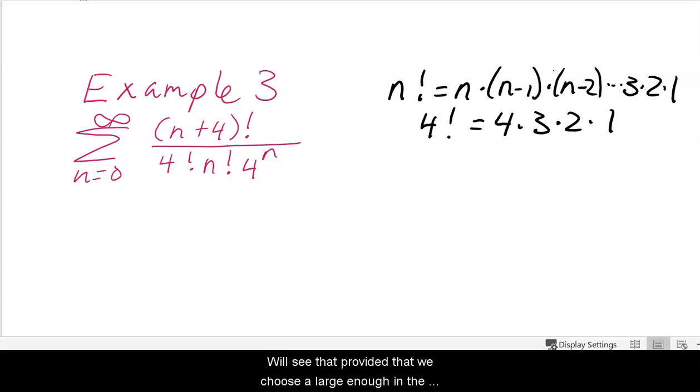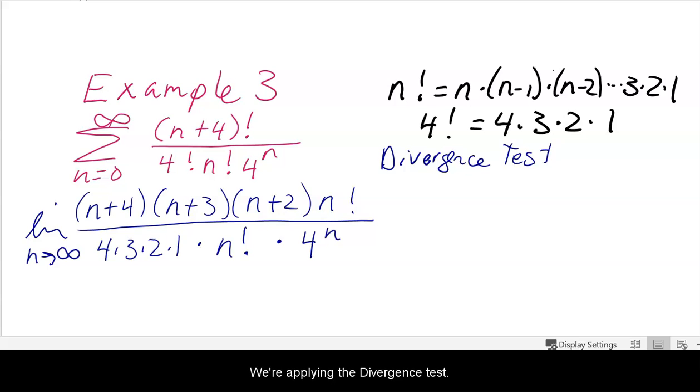We'll see that provided that we choose a large enough n, the sequence will go down to 0. Let's simplify it a little bit and take an examination of the sequence. We're applying the divergence test to the sequence that is the summand of the infinite series.